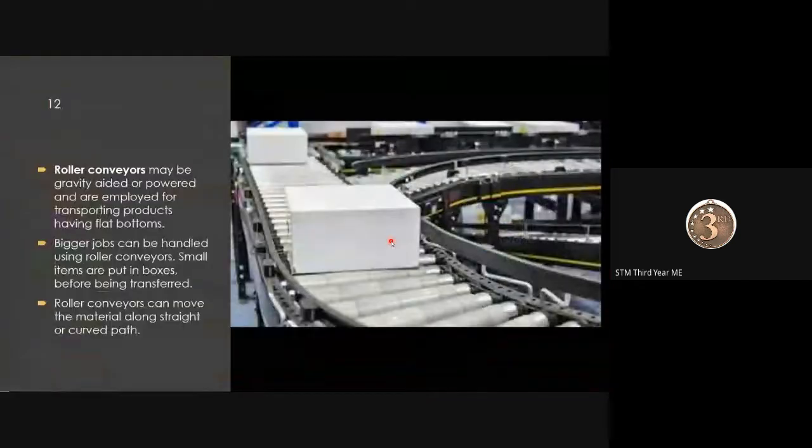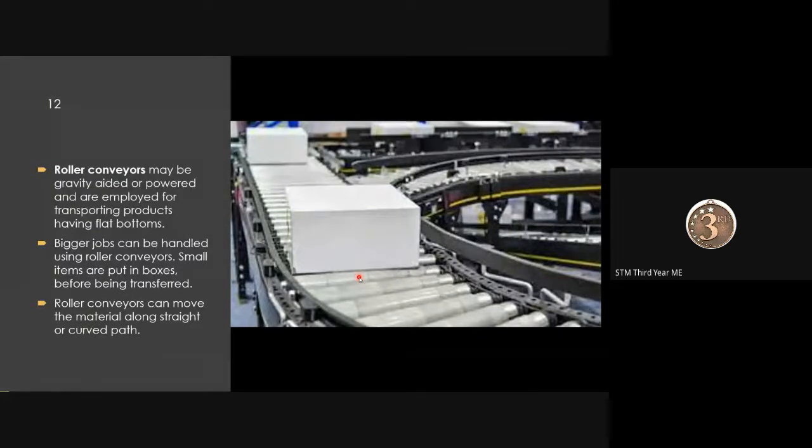For lengthwise purposes, we can use roller conveyors. That is one of the advantages of using roller conveyors, and we use roller conveyors for bigger items. For smaller items, the problem is that between two rollers there will be a sufficient gap, and this gap will facilitate the leakage of the material through those gaps.